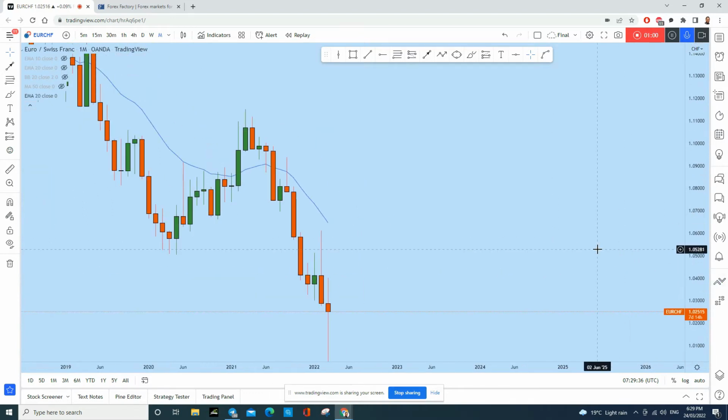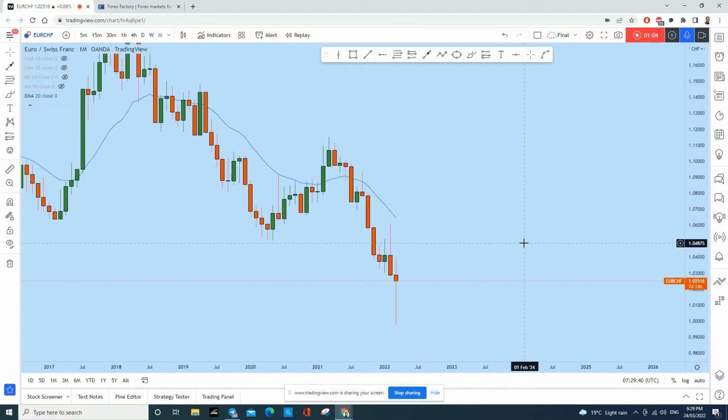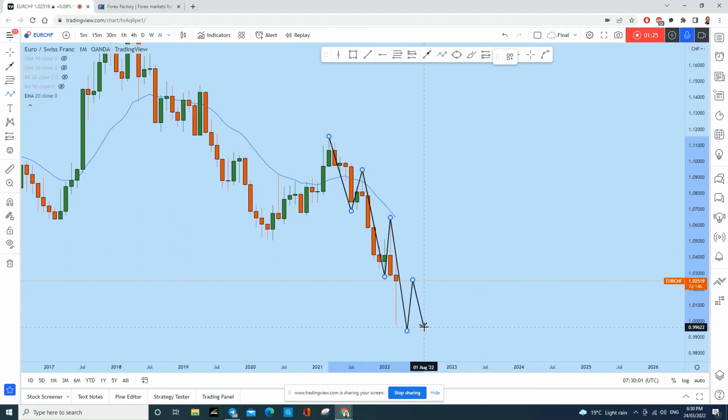Now, first of all, let's see the bigger picture. Without any question, you see that Euro CHF is basically in a strong downtrending market structure. Starting from here, we see a move followed by a correction or retracement, another move followed by another correction. Now we see another move to the downside, and we see a retracement at this point, and we can expect this push again to come to the downside.